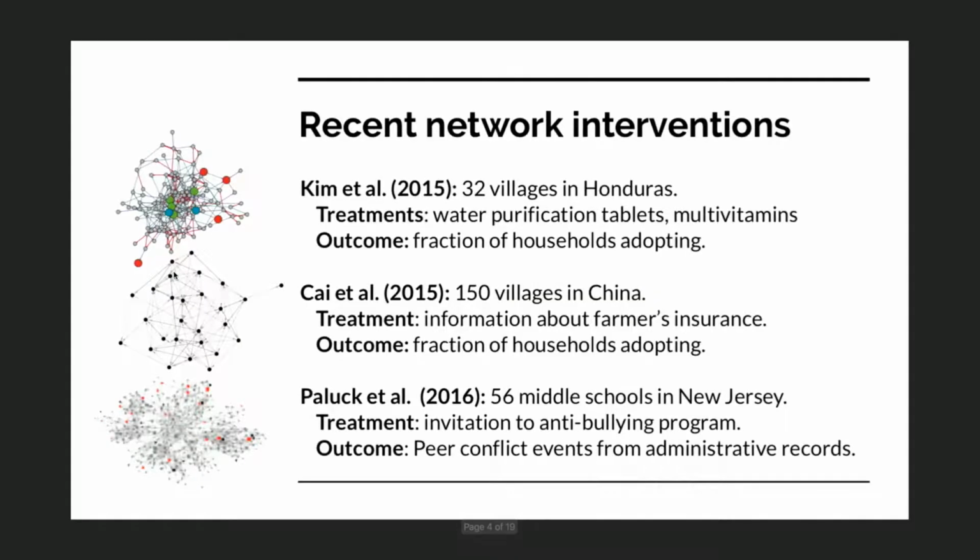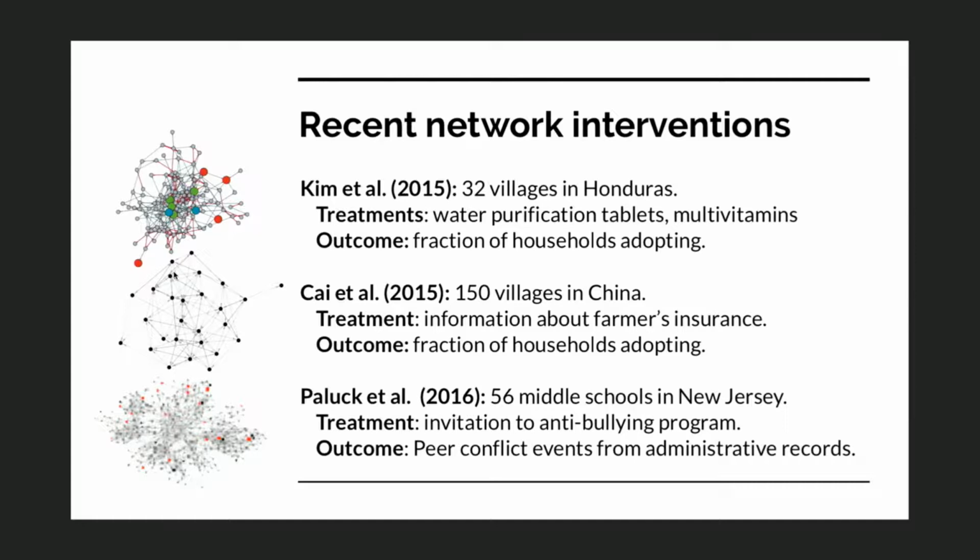So just to give you a sense that this isn't just a one-off, one village in Honduras type of scenario, here are 3 recent examples of field experiments of this variety, where different questions are being asked about how to move the needle at a network level based on interventions at an individual level.